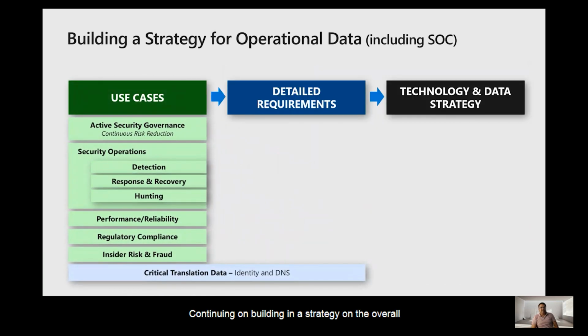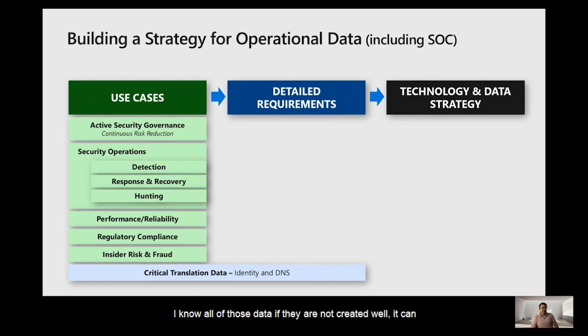Continuing on building a strategy on the overall operational data, the first fundamental requirement is to ensure we have the use cases laid out. And these use cases can only be acted on well if the critical translation data, like from identity and DNS, is available. Oftentimes this is not done because of user identity normalization, and we are probably just sitting on a bunch of IP addresses, not knowing if the IP addresses belong to the same machine.